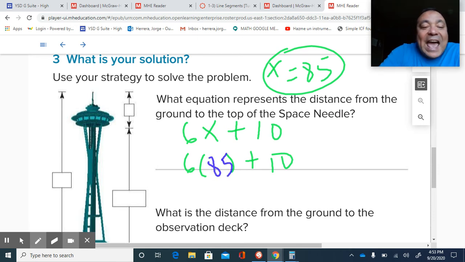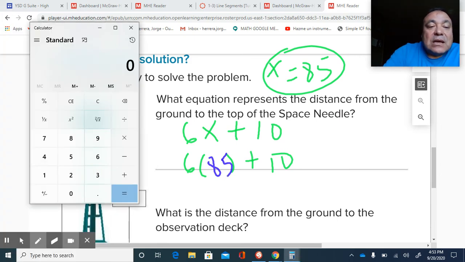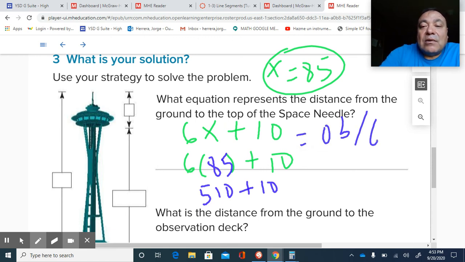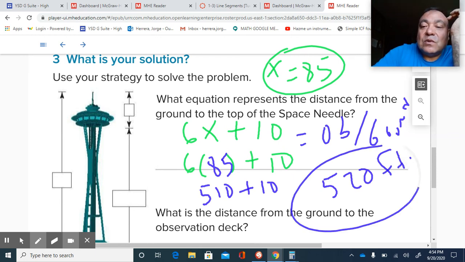So I'm going to use my dandy calculator: 6 times 85 gives me 510. So I got 510 plus 10, and that equals the ground to observation deck distance. So this is going to be 520 feet, and that makes sense, guys. And that is so cool.